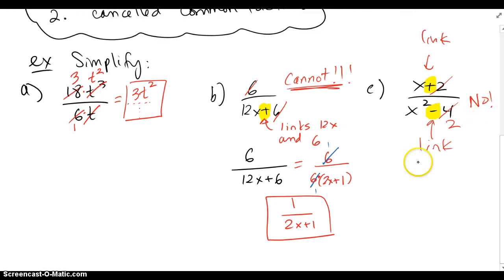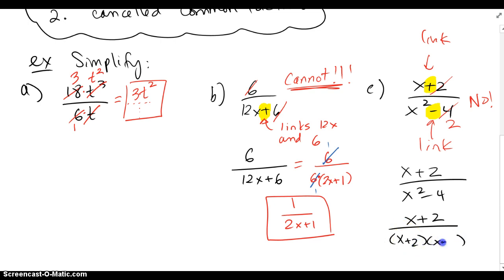Let me go and factor things if they're factorable. And it looks like I could factor the denominator. That's going to be a difference of squares, x plus 2, x minus 2. Actually, let me do it in red. So we got x plus 2, which we cannot factor. However, the denominator we can factor, x plus 2, x minus 2.